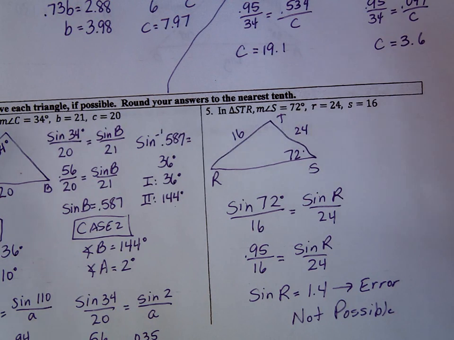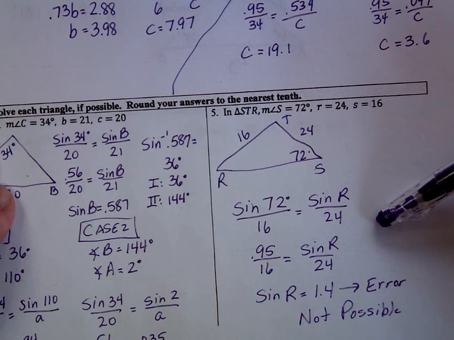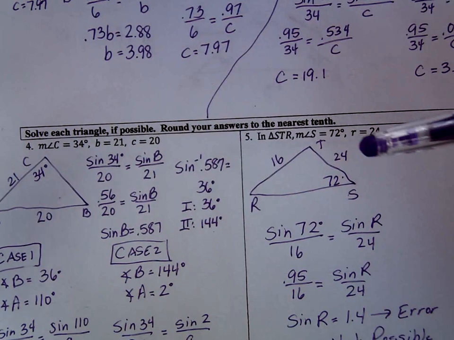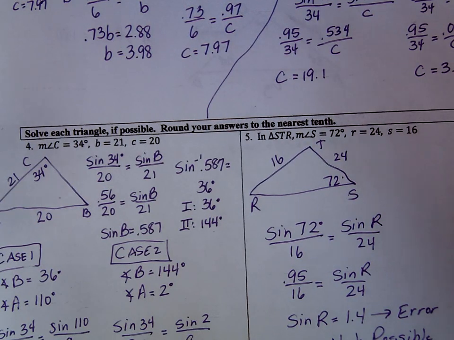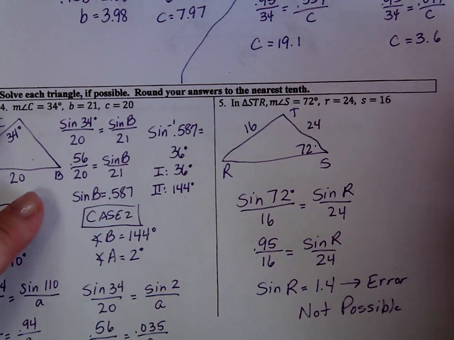If it doesn't make sense to you about how many triangles you get out of it or how many answers you're going to have, don't worry about it. Just do the math. The math is going to tell you you've got no solution, you've got 2 solutions, you've got 1 solution, whatever it's going to be. So I go with the math of it rather than really the theory behind is it going to work or not work. So if you get something out of it, that's awesome, but if you don't, don't get too teed up about it.